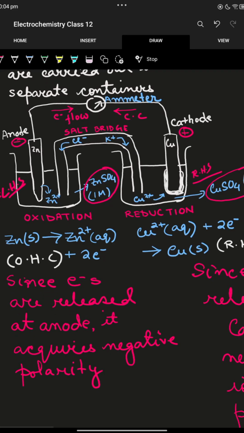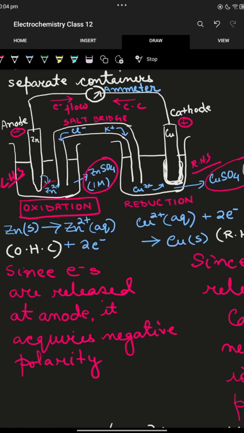Now when you connect it, what happens over here is the zinc electrode loses electron due to oxidation. That means it undergoes oxidation. It loses electron and it forms Zn2 plus aq. So more and more Zn2 plus comes to the solution, and with time there is accumulation of Zn2 plus near the electrode.